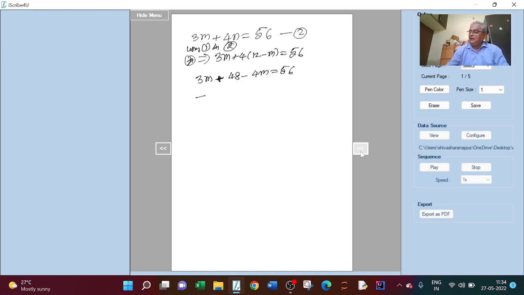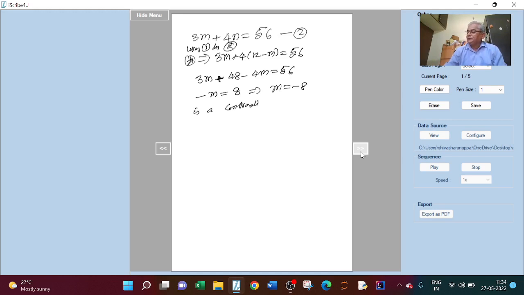So 3M minus 4M is minus M, equal to 56 minus 48, which is 8. This implies M equal to minus 8, a contradiction.